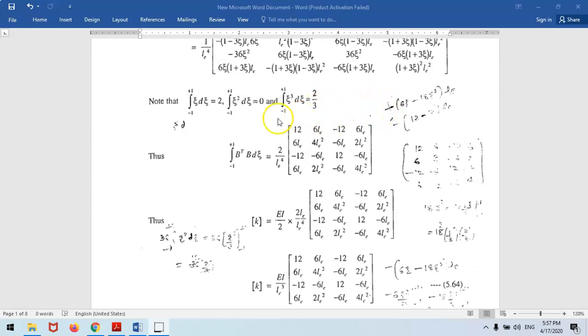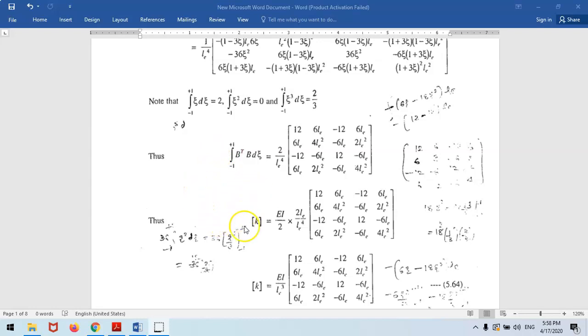So after substituting all these values, where there is zeta d zeta, zeta square d zeta, zeta cube d zeta, you will be getting this matrix. So this matrix is B transpose into B, where the limits will be -1 to +1. Why -1 to +1? It is because the zeta value varies from -1 to +1 only.